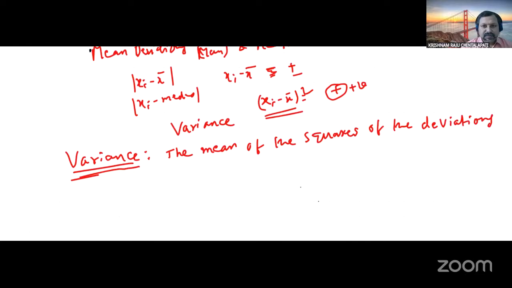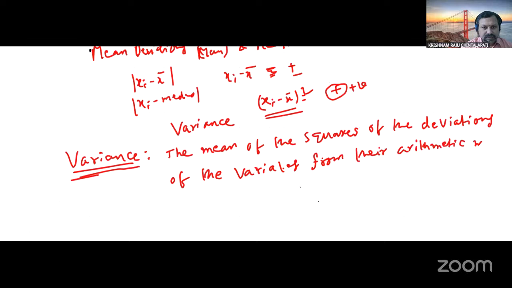The mean of the squares of the deviations of the variates from their arithmetic mean is called variance.